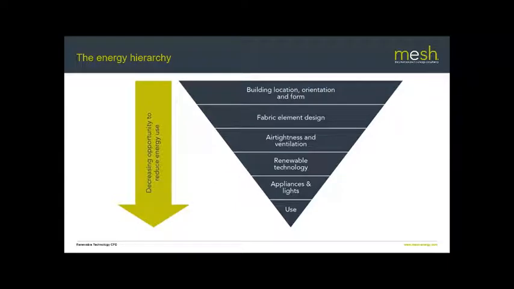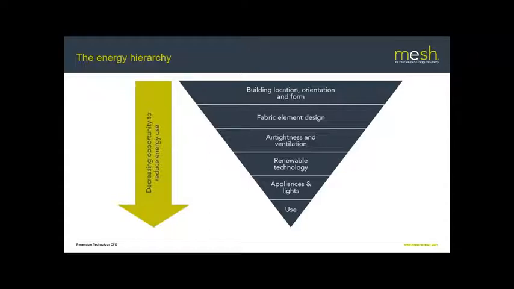We also look at air tightness and ventilation. Increasing air tightness has the benefit of reducing both heating and cooling loads. However, air tightness must be balanced with good ventilation to ensure the comfort and health of the occupants of the building. This is where things like MVHR come into play.